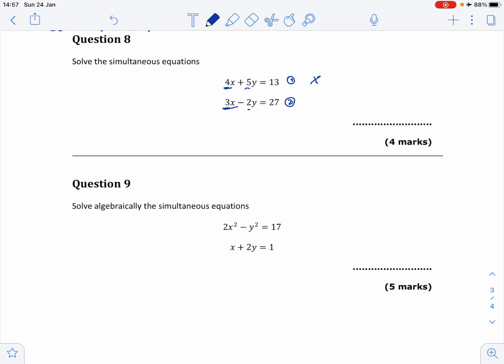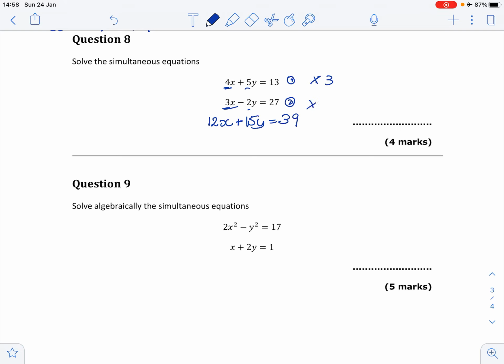So I'm going to multiply my equation 1 by 3. So I'll have 3 times 4x is 12x, 3 times 5 is 15y, and then multiply 13 by 3, which gives you 39.